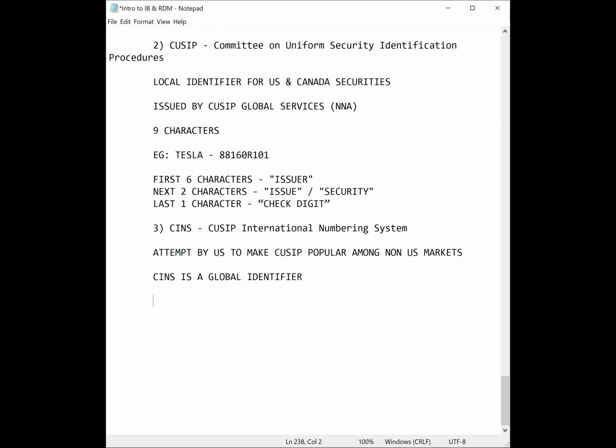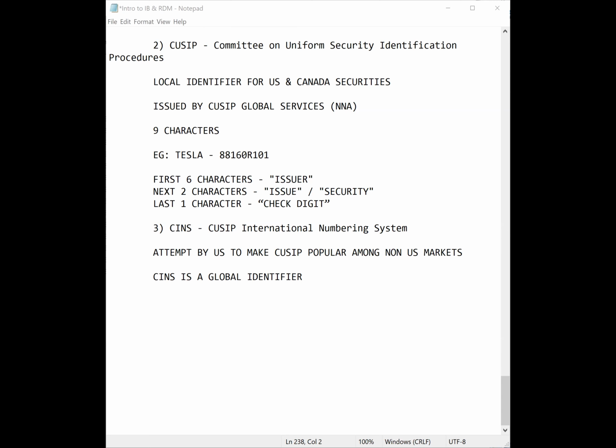These are identifiers which are used in US and Canada. CUSIP is not used in India. If the transaction is happening within US or within Canada, CUSIP can be used. But if the transaction is happening between India and US, ISIN needs to be used, not CUSIP.